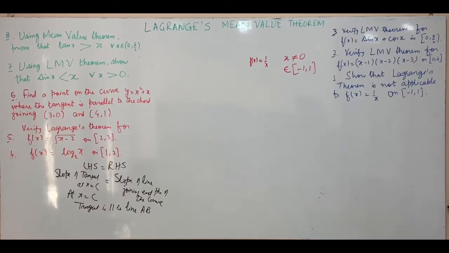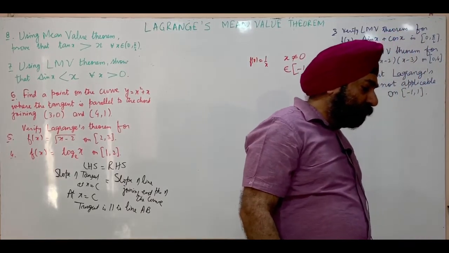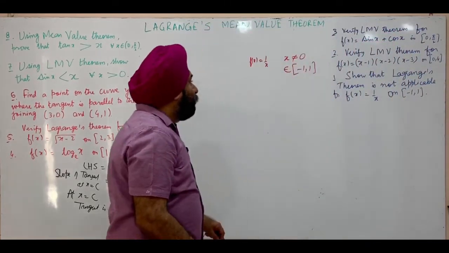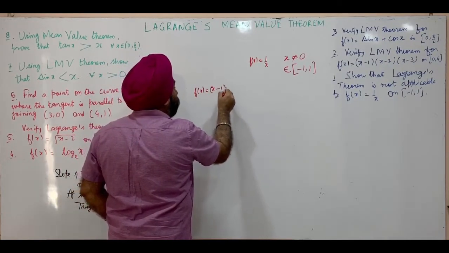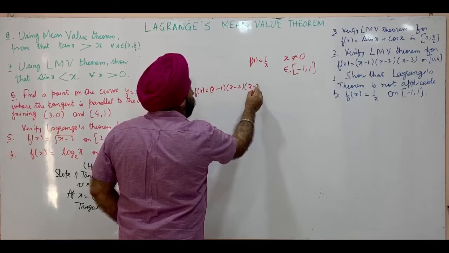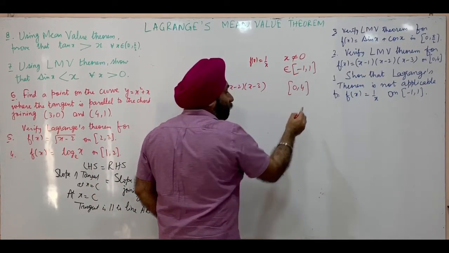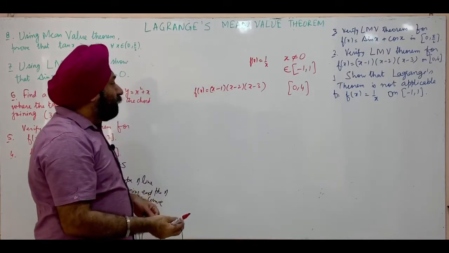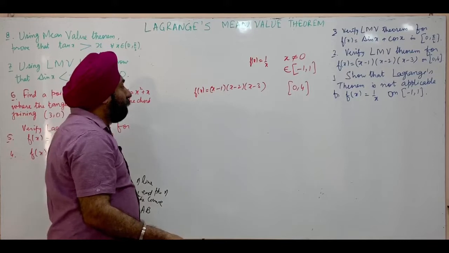The second one, we have to verify Lagrange's mean value theorem for the function f of x, which is x minus 1 into x minus 2 into x minus 3, and the interval is from 0 to 4. We have to verify that Lagrange's mean value theorem is applicable.